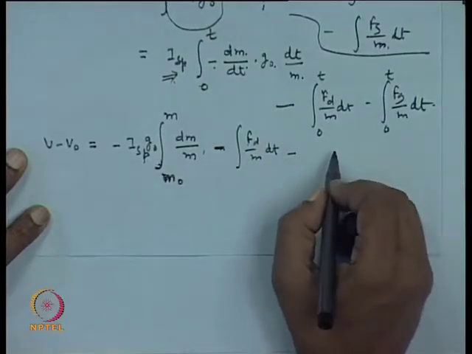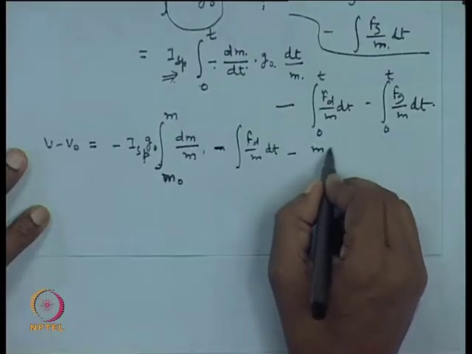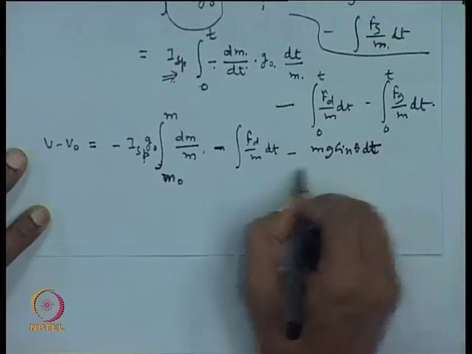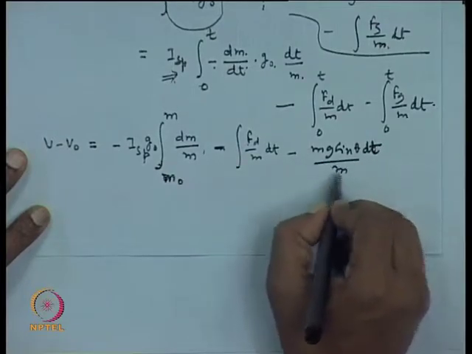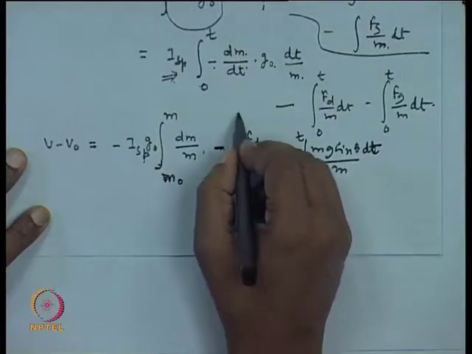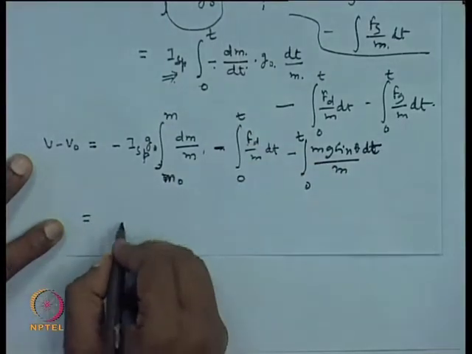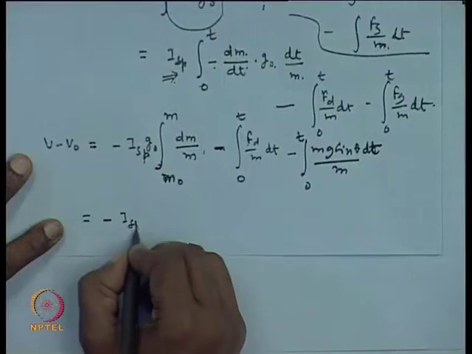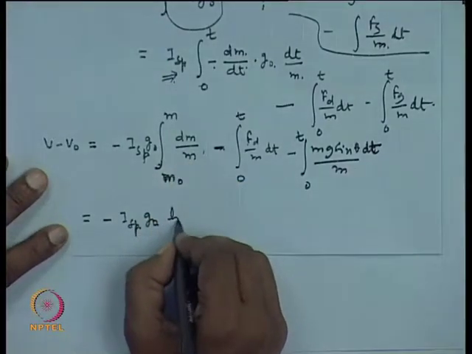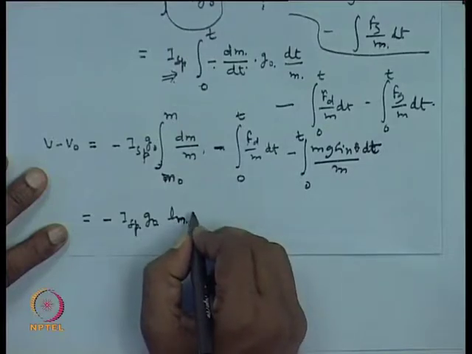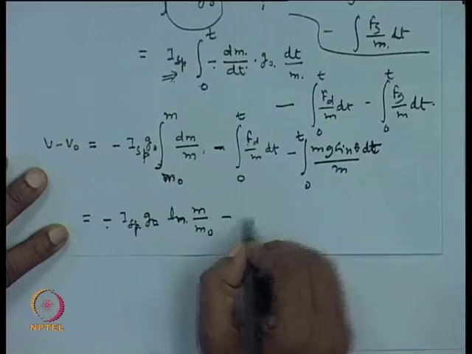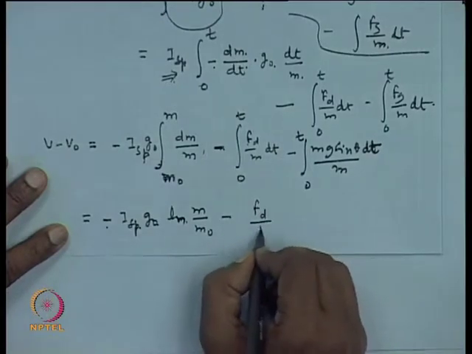And F_g obviously we have written as m times g sin theta dt, and this becomes divided by m. This is between 0 to t. I_sp z_0, integrating this gives us ln m by m_0, here the minus sign is there, F_d by m.